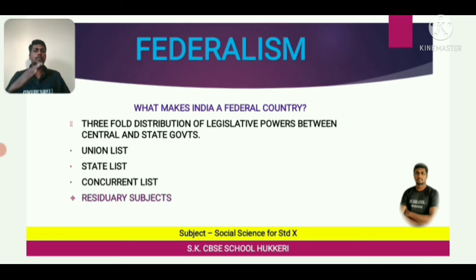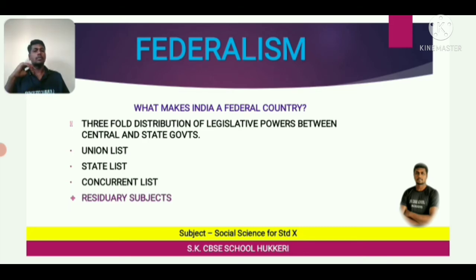So these are the three lists we have learned. Then one more question arises here. What about the matters which are not included in any of these three lists? Who has the power to make laws over those subjects? The question arises commonly. The subjects which have recently emerged, for example, computer software, is a recently grown subject.